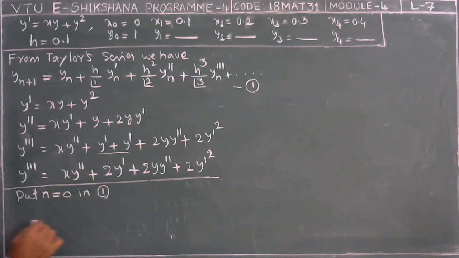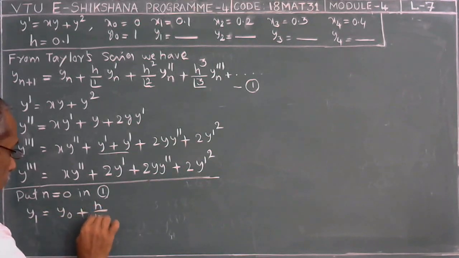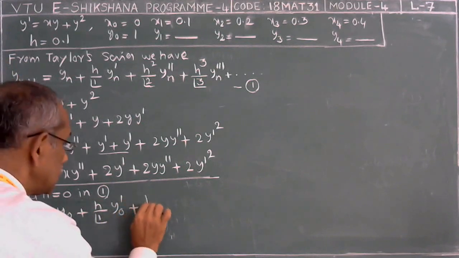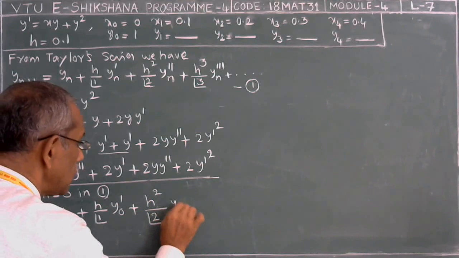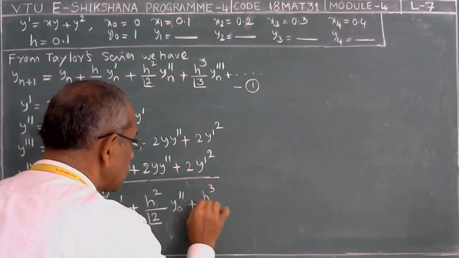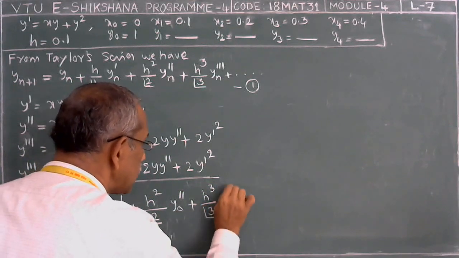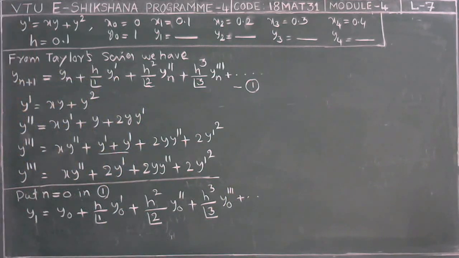So y1 is equal to y0 plus h divided by factorial 1 y0 dash plus h square divided by factorial 2 y0 double dash plus h cube divided by factorial 3 y0 triple dash and so on.